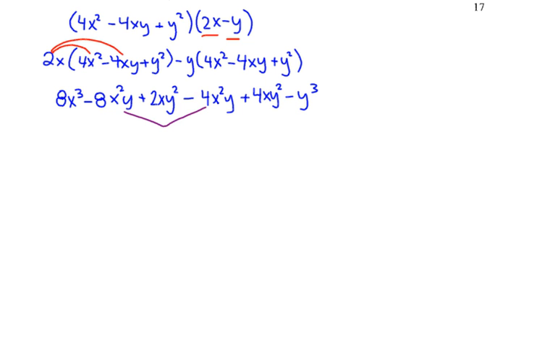The x squared y and then the xy squared are like terms. So 8x cubed. Negative 8 minus 4, negative 12. Is that what you guys got? Negative 12x squared y. And then plus 2 plus 4 would be a plus 6xy squared minus y cubed.